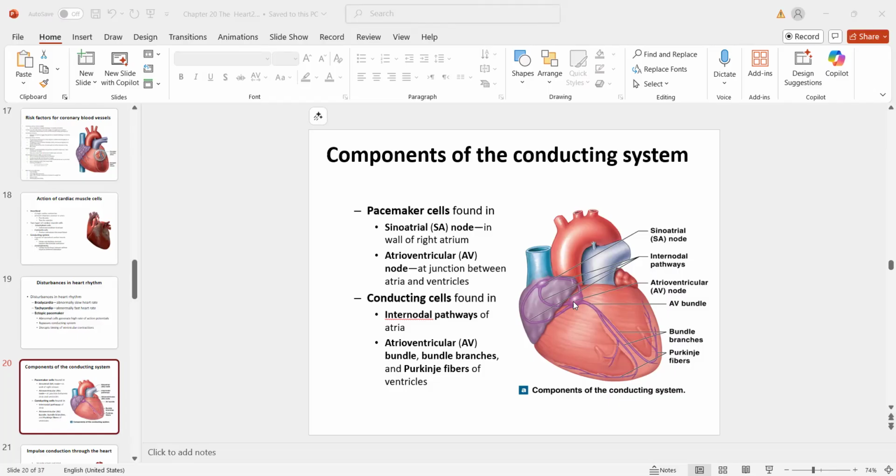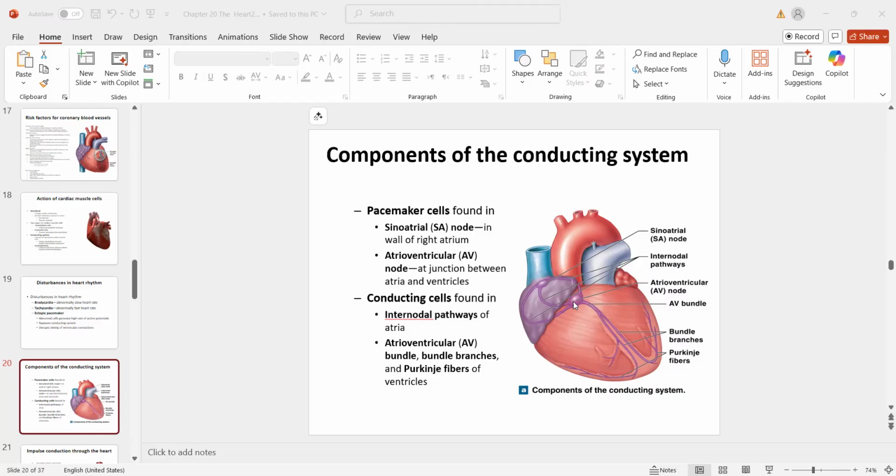These cells are found in two main locations. In the atria, conducting cells are found in internodal pathways in the atrial walls. These pathways distribute the contractile stimulus to the surrounding atrial muscle cells as the electrical impulse travels from the sinoatrial node to the AV node.